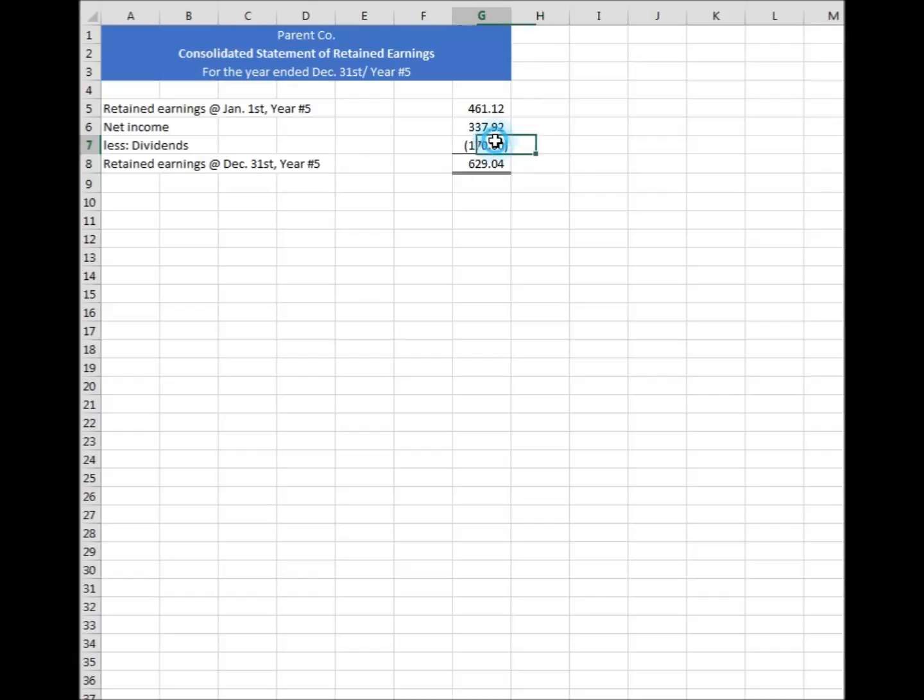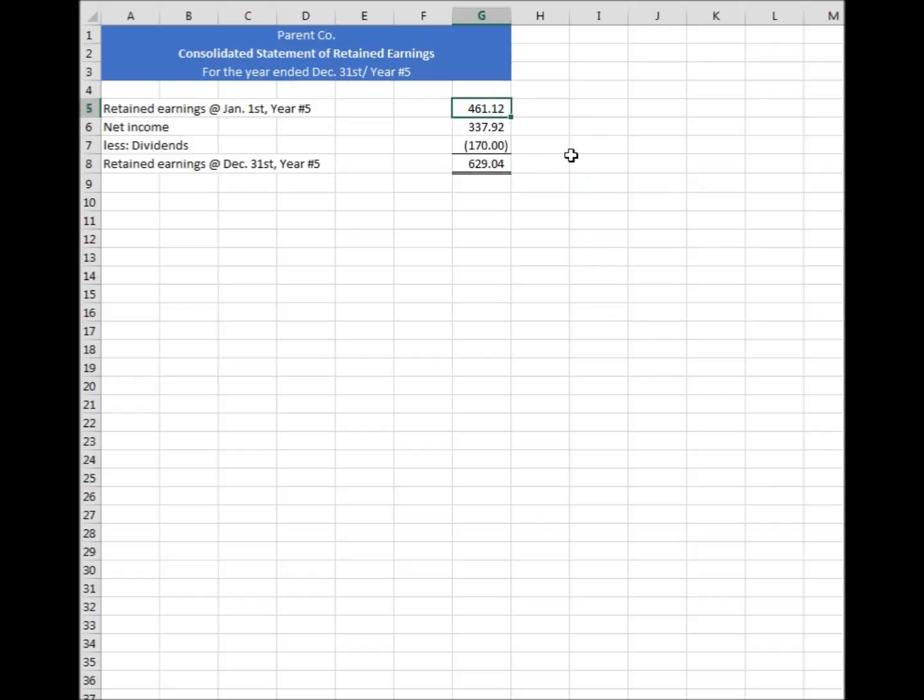So all we have to do to come up with this value is do the opposite operations on this. We would add 170 to that and subtract 337.92 from that, and we should get 461.12 for the opening retained earnings. And this is simple enough over here.